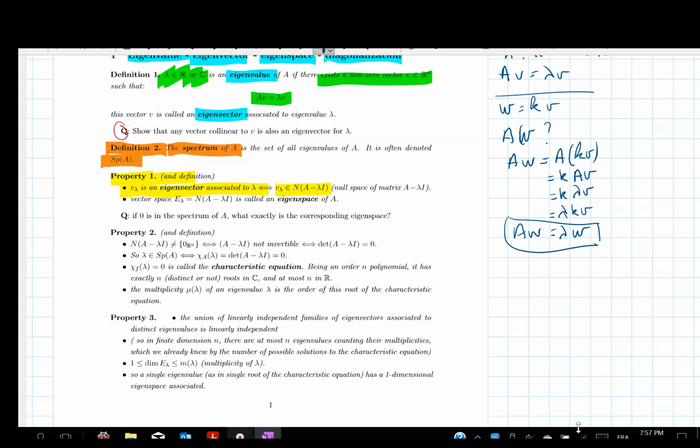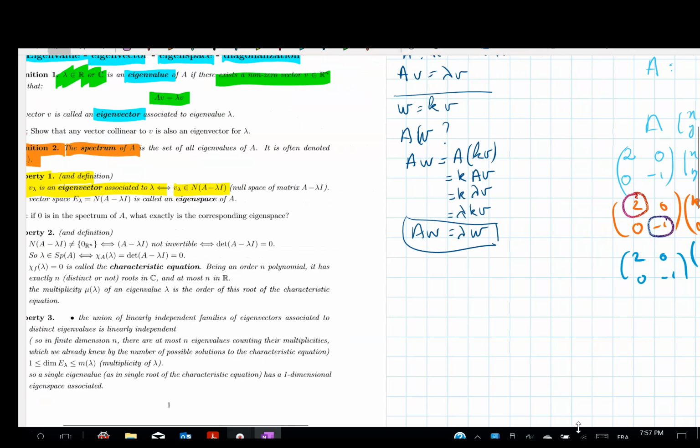Very simply, it comes from the definition. Let's work on the above definition. V is an eigenvector, so we called it V lambda, associated to eigenvalue lambda. This is what it means.